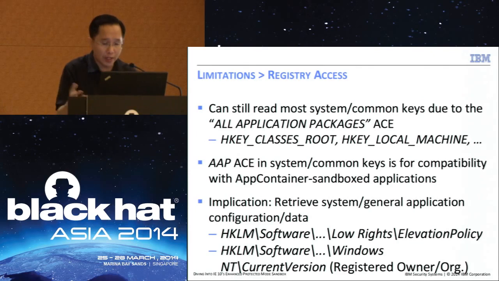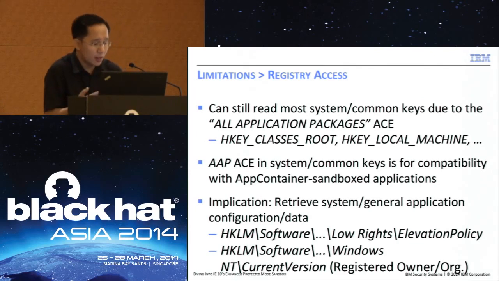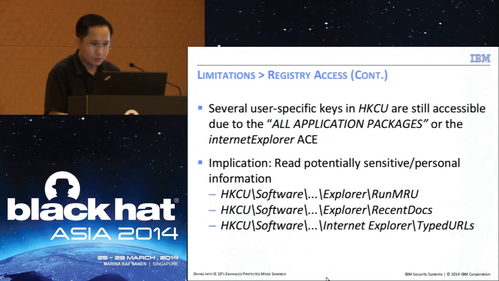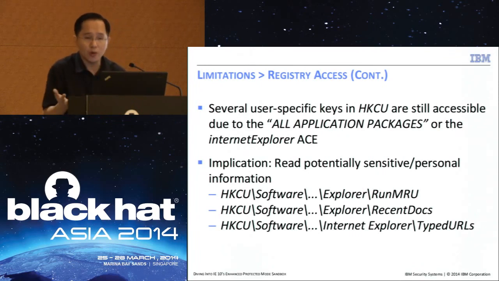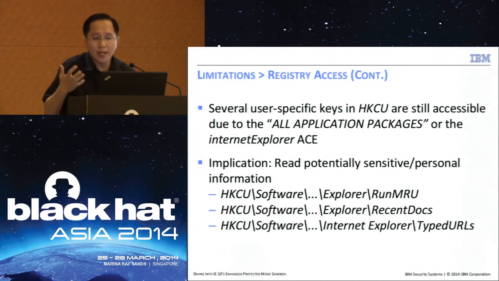Also, some forms of personal information are still readable, such as those under the Windows NT CurrentVersion key. And more importantly, several user-specific keys, those under HKCU, are also accessible because either they have the All Application Packages ACE or the Internet Explorer ACE.